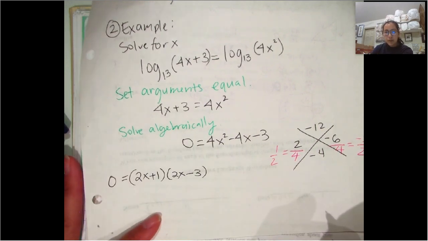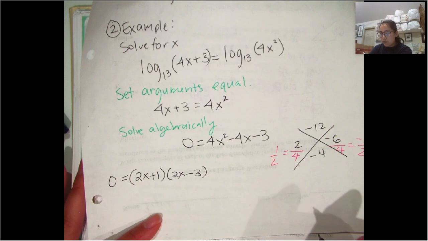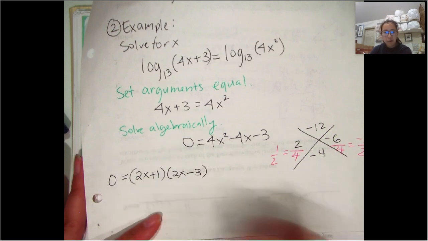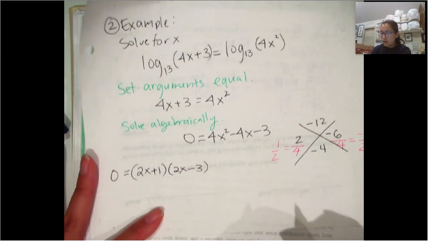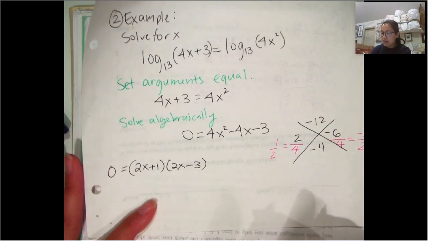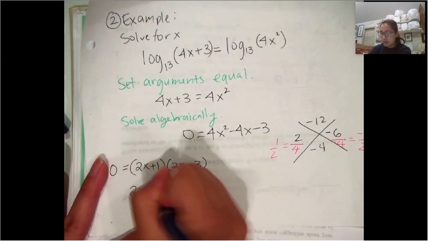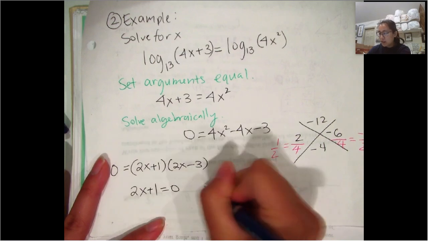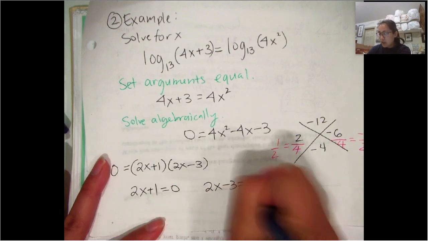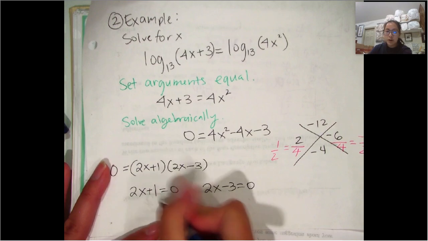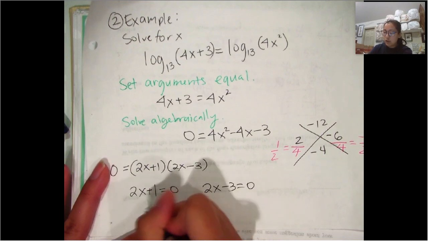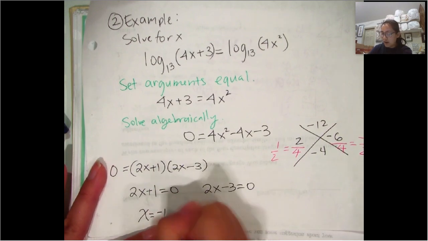Do y'all remember when we did quadratics? How do you solve when you're in factored form? Well, you set each of the factors equal to 0. So you have 2x plus 1 equals 0, and 2x minus 3 equals 0. If you subtract the 1 and divide by 2, you get x equals negative 1/2.